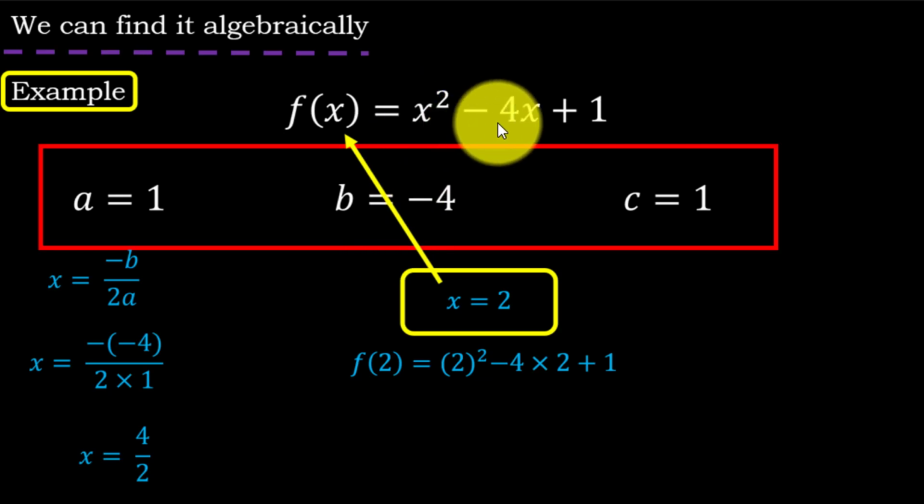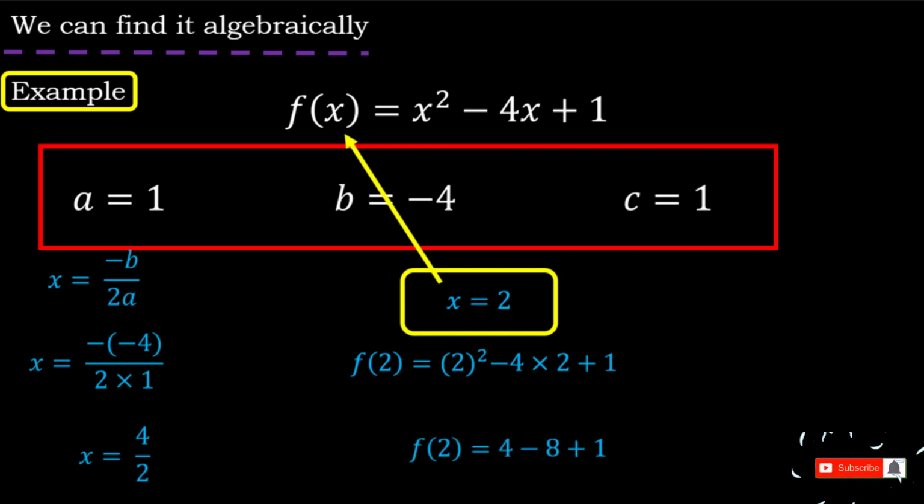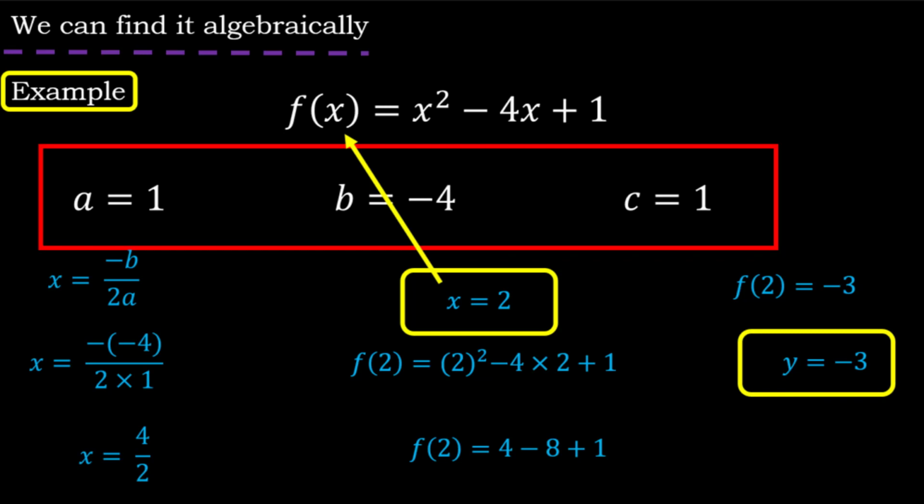So 2 squared minus 4 times 2 plus 1 equals 4 plus 1 equals 5, and 5 minus 8 equals negative 3. So f of 2 equals negative 3, the y coordinate will be negative 3. The vertex will be 2 and negative 3.